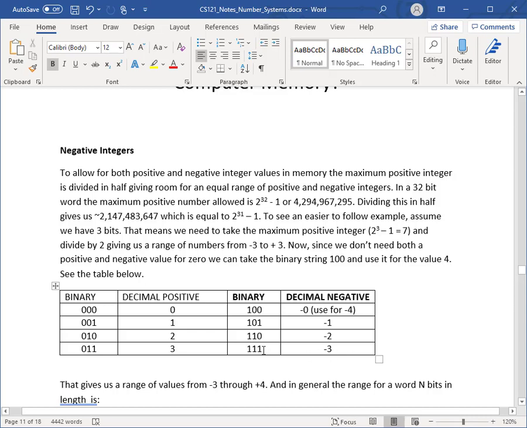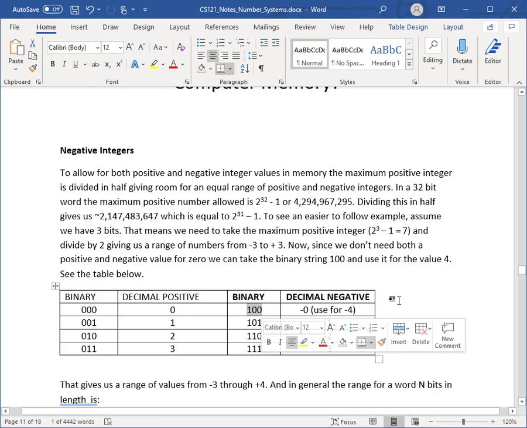For example, the bottom one, 111, would be minus 3, 110 minus 2, 101 minus 1, and 100 could be minus 0. But we don't need a minus 0 and a positive 0. 0 is 0. So what we end up doing with this 100 is letting it represent negative 4.